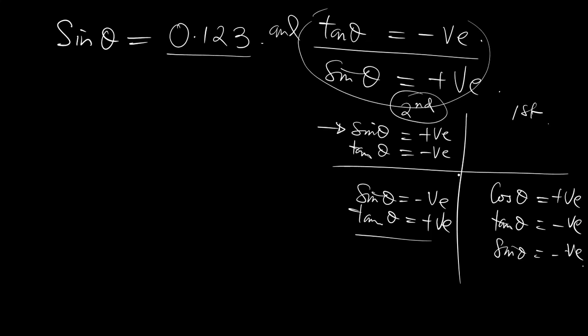Now, for the second quadrant, let's say you have something like this, and this is angle alpha. The angle in the second quadrant will now be 180 minus alpha.